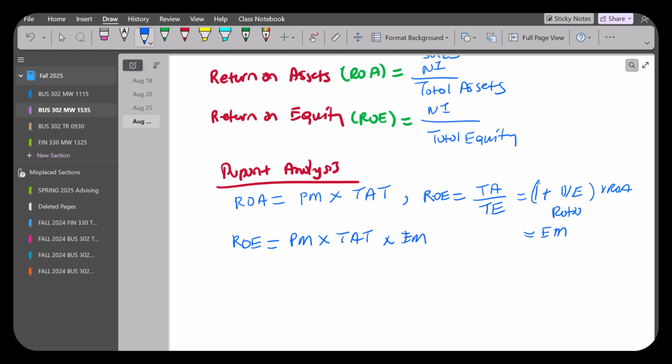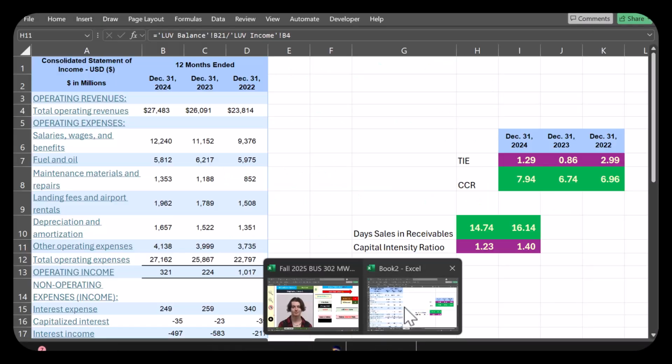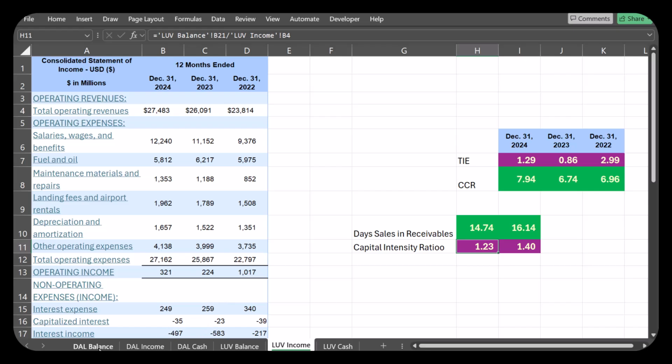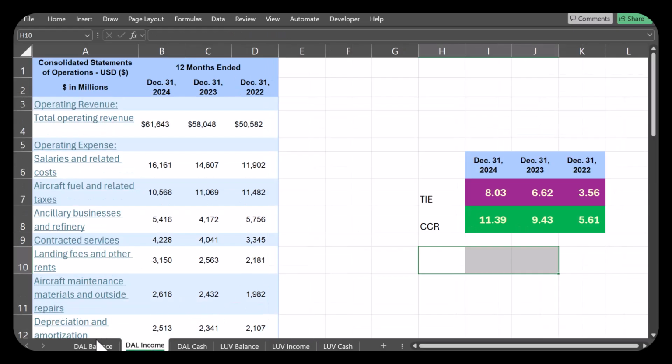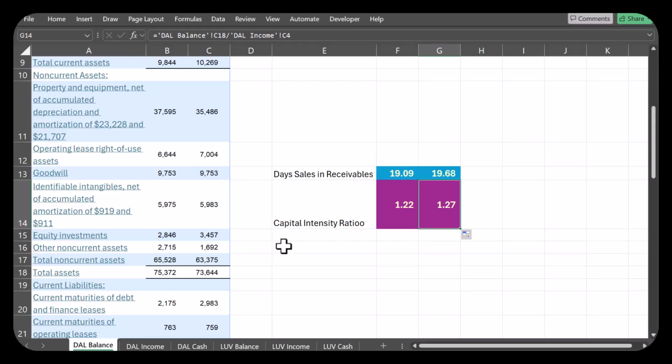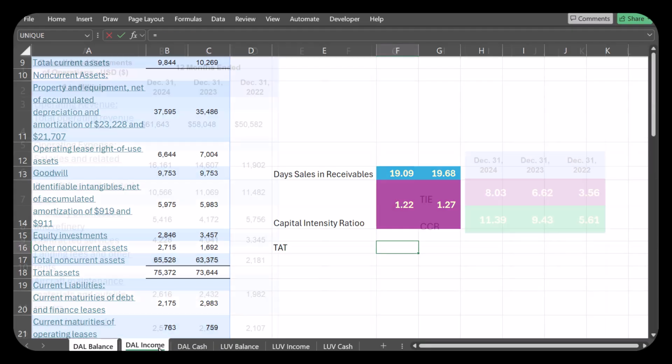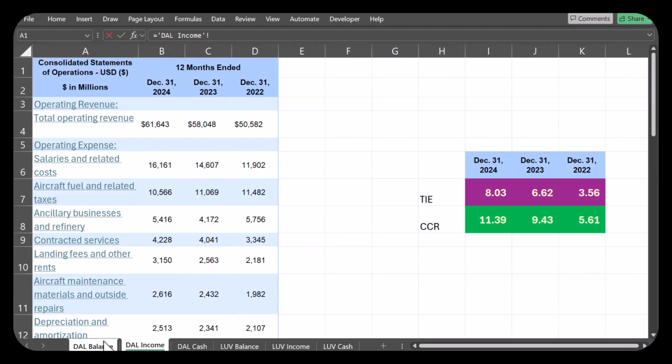So let's calculate all these three for our companies. First of all, let's do the TAT. I'm just gonna put everything in one place. Sales over total assets.